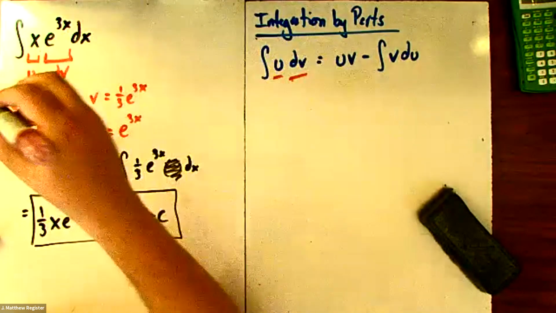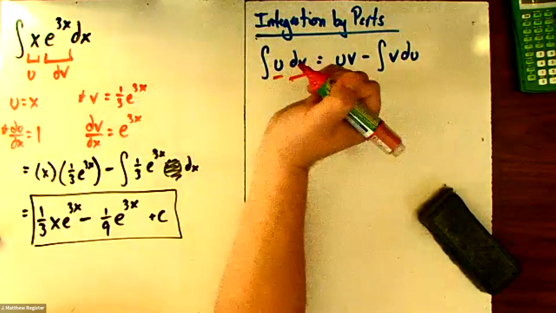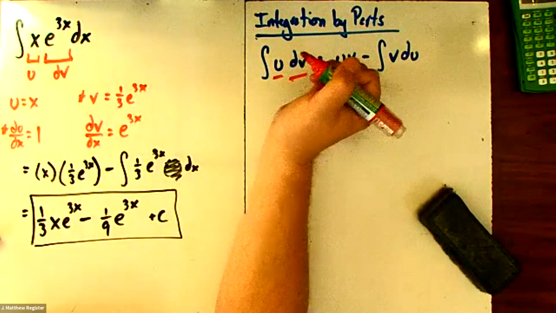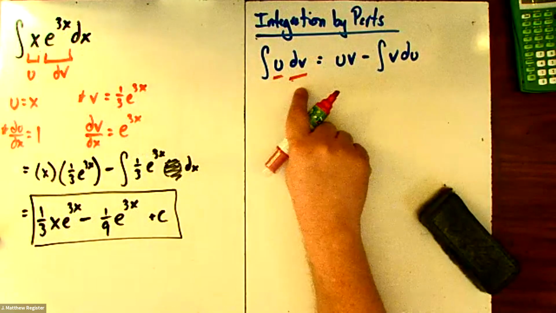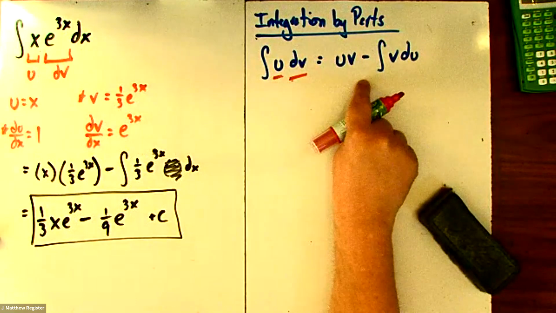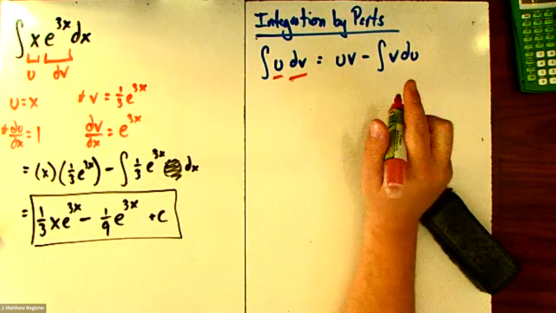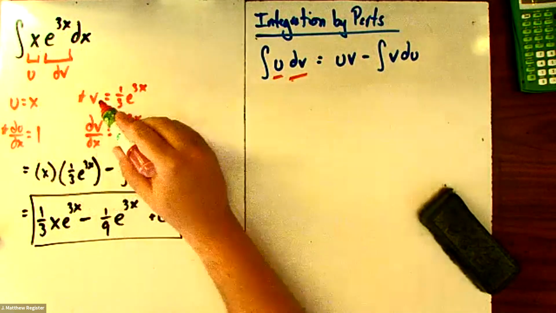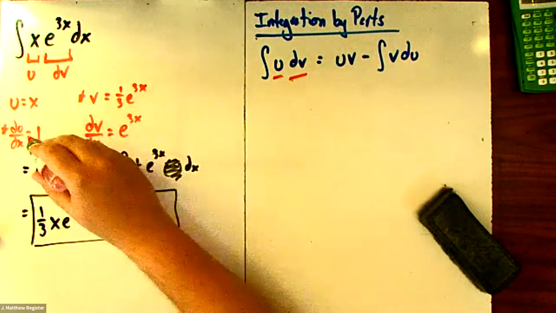We then have to find our du dx and our v. Once we have those, we can plug them into this formula. The integral of u dv is equal to uv minus the integral of v du. It's really just plugging them in. And so our u times v minus the integral of v times du.